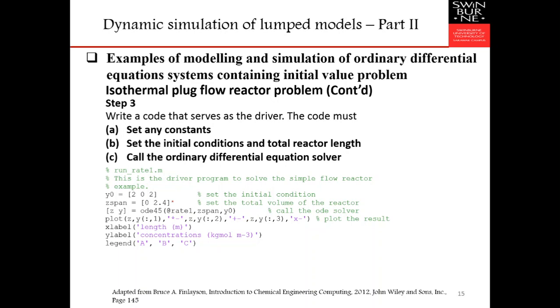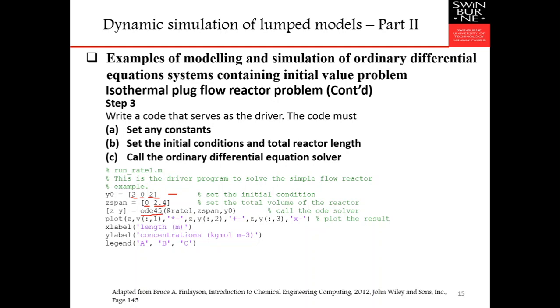After you verify that your function is correct, you want to check the concentrations of A, B, and C as functions of the distance from the inlet. Then this will be your MATLAB file, called runrate1. This y0 specifies the initial conditions of your CA, CB, and CC. And then you specify the range of z, from 0 until 2.4.